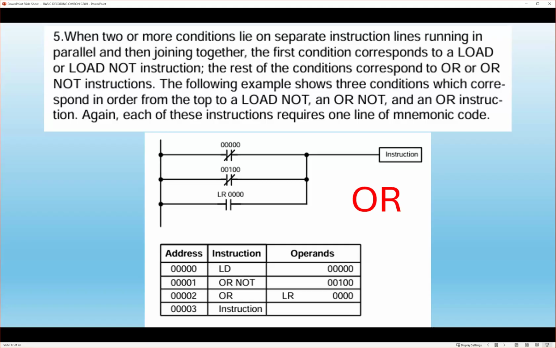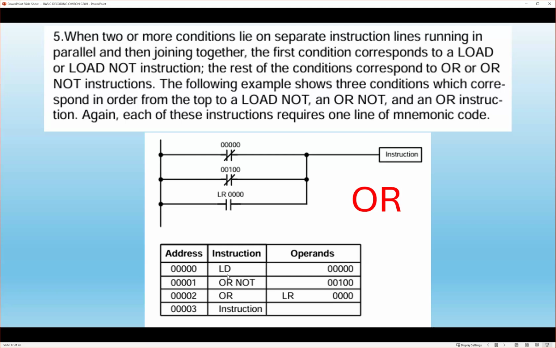Again, each of these instructions requires 1 line of mnemonic code. I don't know why they keep repeating that like it's something super simple, but here is yet again: load 0, so that's your input 0, OR NOT 100, OR LR 000.